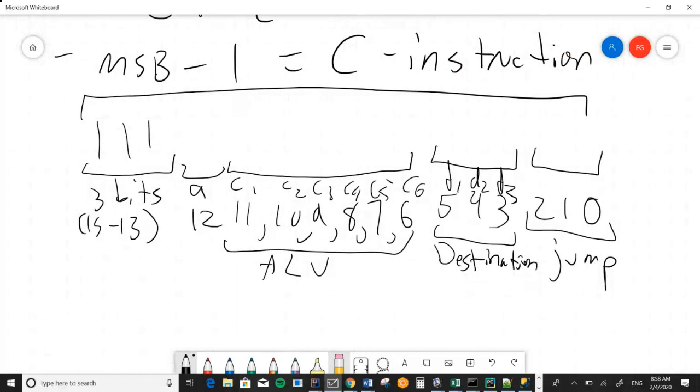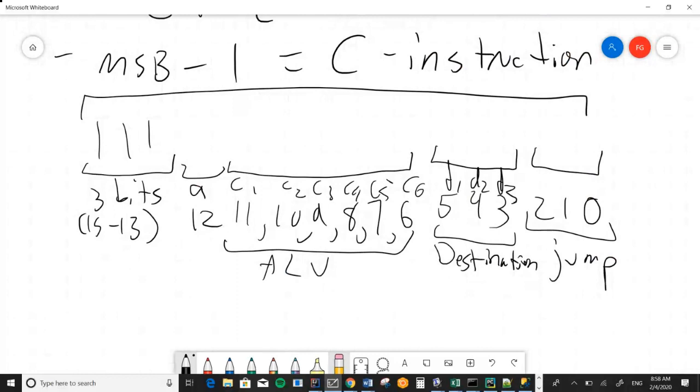So it just became unconditional because we just said it jumps on all the conditions. What if you want an instruction that doesn't jump? You set all of these to 0. What if you don't want to change the data register, A register, or RAM? No problem, you set all these to 0.